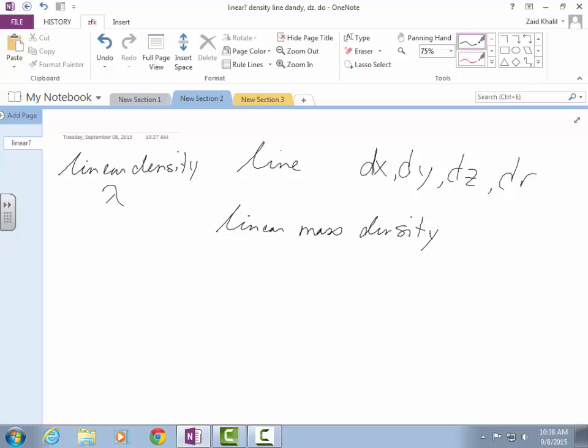Density is increment of mass divided by whatever our parameter is. In this case this is linear, so it's increment of mass over increment of length. So lambda equals dm/dx, or dm/dr, or dm/dy.